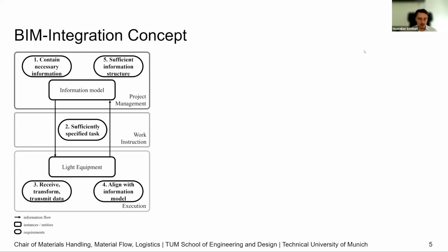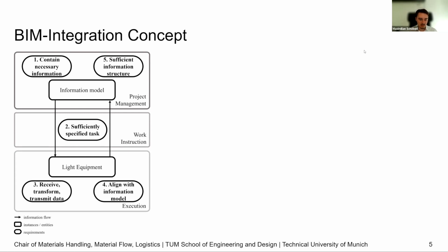And in order for that to work, we found five requirements, which were specified by the experts in these expert interviews. First of all, the information model needs to contain the necessary information, necessary concerning the task at hand. The task has to be sufficiently specified for the light equipment so that it can do trajectory planning or whatever it takes to fulfill this task.